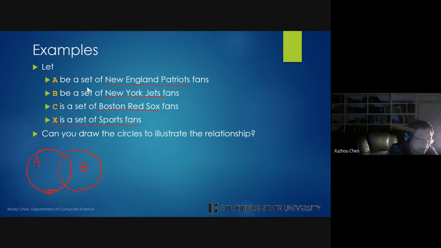So I would say A and B most likely are disjoint.